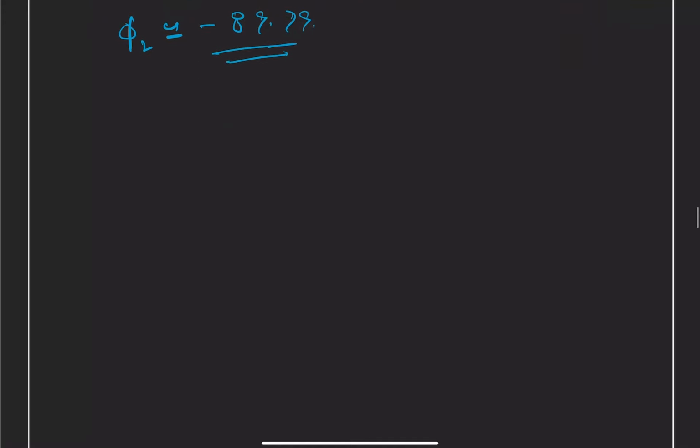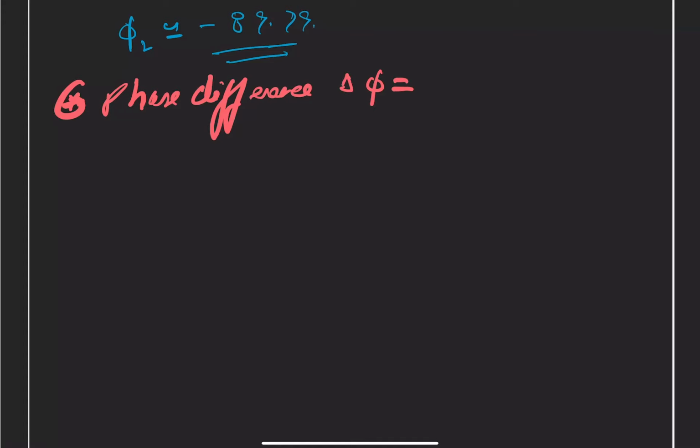Let us call the phase difference delta phi, between I1 and I2. We get this as phi1 minus phi2, and we just calculated phi1 and phi2. Phi1 was 60, and this becomes minus minus plus, so we have 89.99, and this comes approximately equal to 150 degrees.